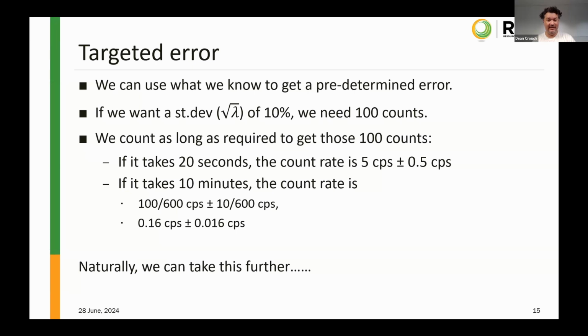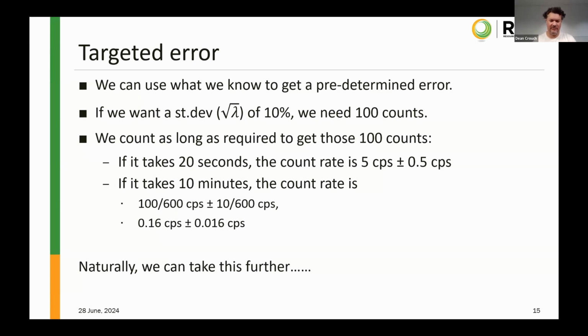So if it takes 20 seconds to get that 100 counts, your count rate is 5 counts per second, plus or minus 0.5. It's a pretty good number. If it takes 10 minutes, obviously you're not going to stand there. You're going to set it up on a tripod and walk away. If it takes 10 minutes, you've got the same 10% error, but you count it down to within 0.16 counts per second, which you're just not going to be able to do standing there for 30 seconds with an uncertainty of far, far less than background.